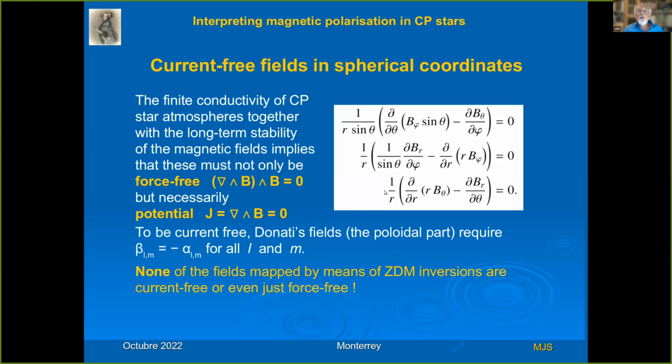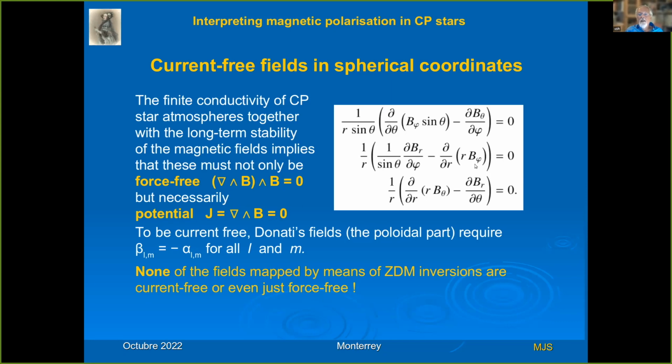If you look at current-free fields in spherical coordinates, this is the expression for curl B. In this, the finite conductivity of the CP star atmospheres means that these atmospheres must be force-free. Curl B cross B equals 0. And since there cannot be on the long term any strong currents, they have to be potential, which means curl B equals 0.